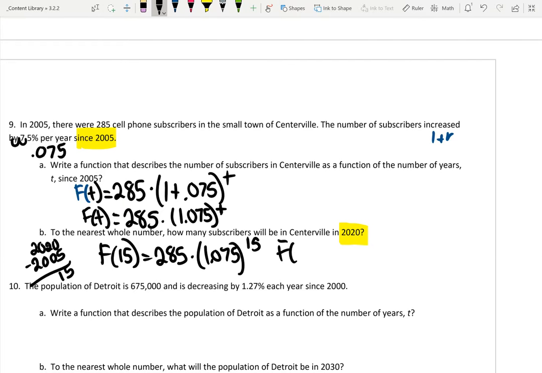Just remember, for this answer, since we are talking about people, you're going to have to round to the nearest whole. Go ahead and use a calculator to get your answer.